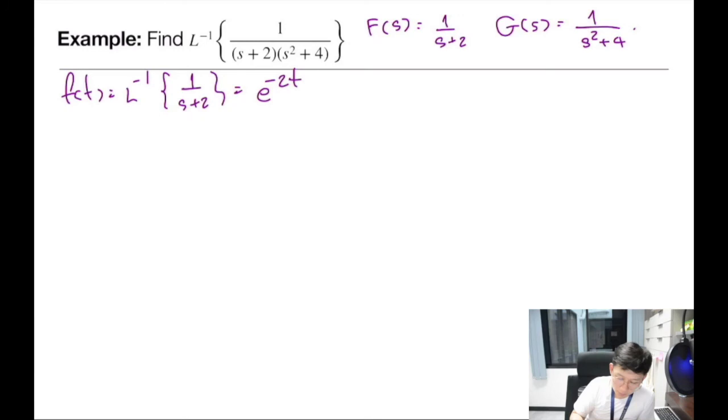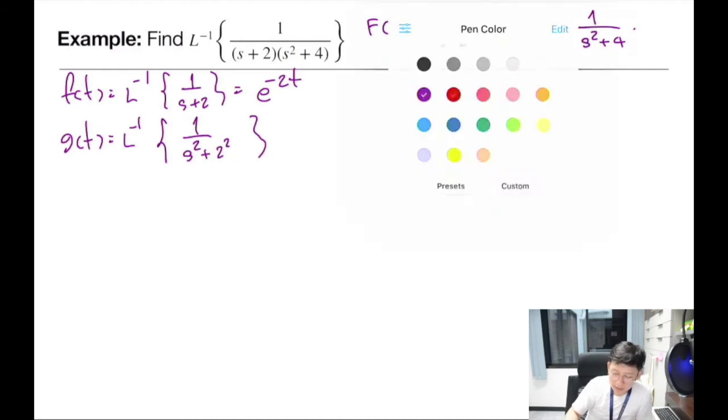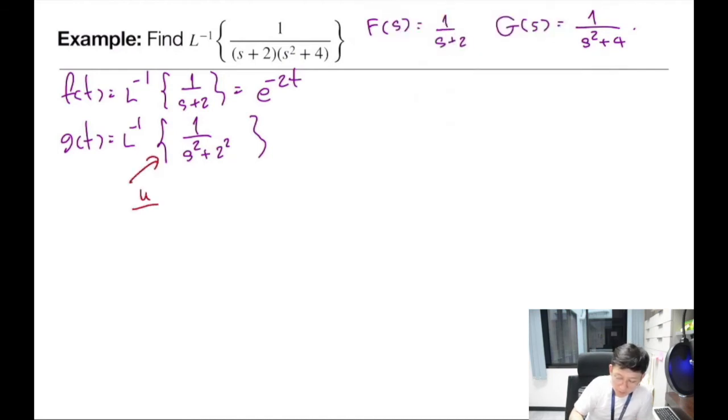Okay, so g(t) would be L inverse of 1 over s squared plus 2 squared, right? Because 4 is actually 2 squared. And then, guys, I can identify this as k divided by s squared plus k squared, so I need to multiply by 2 and 2 here.